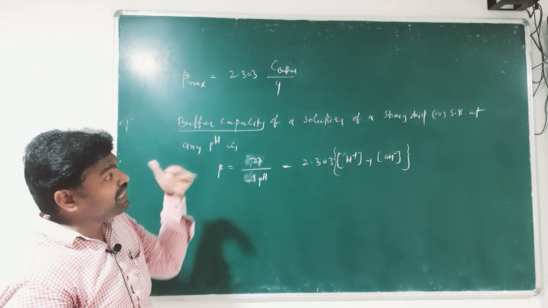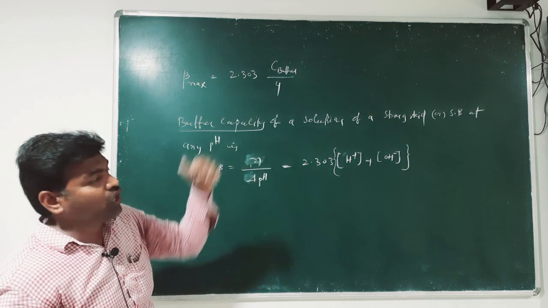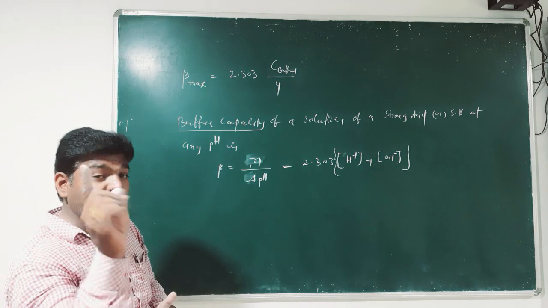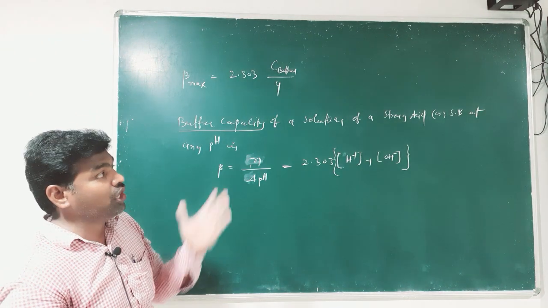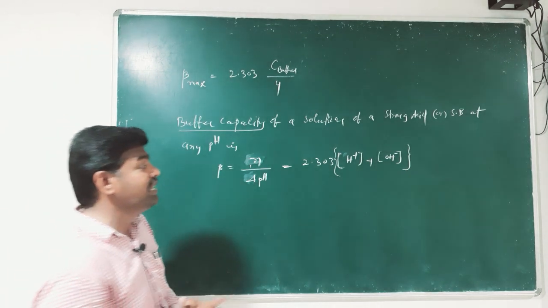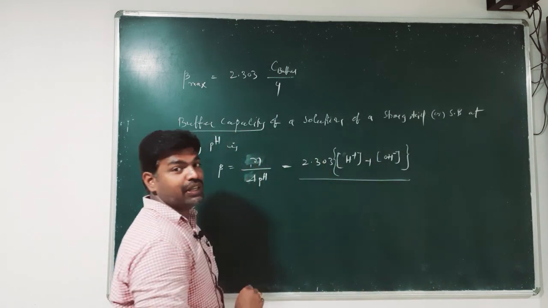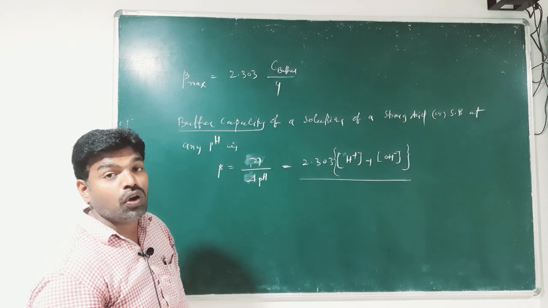But if they give a strong acid solution at any pH, or the pH of a strong base, and ask to calculate the buffer capacity, then the direct formula is 2.303 into the concentration of H plus plus the concentration of OH minus.